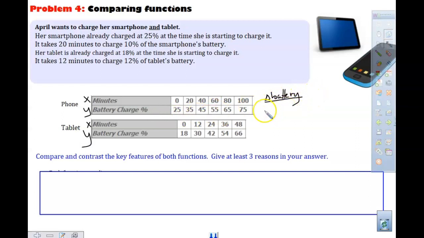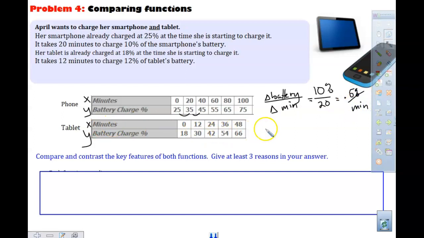So how much is it changing each time, divided by the change in our minutes? Here I can see that this is going up by 10, so it is going up by 10% for every 20 minutes of charging, which means when I divide, that comes out to 0.5% per minute.